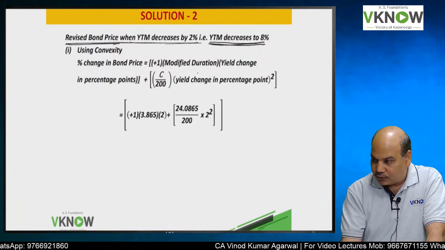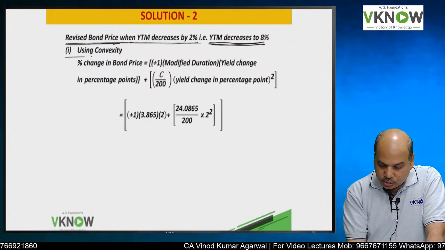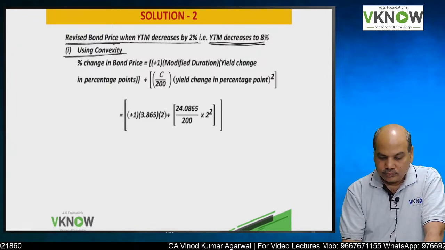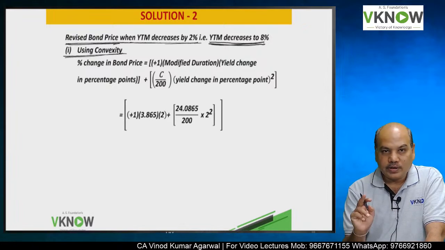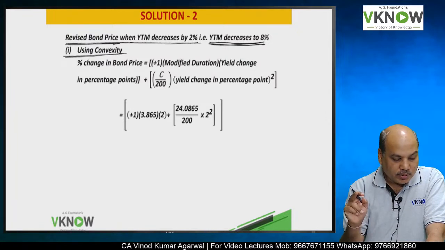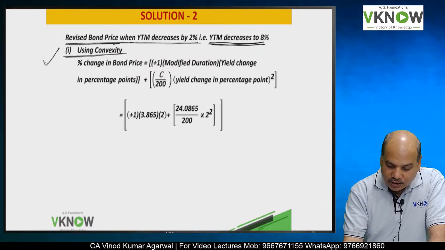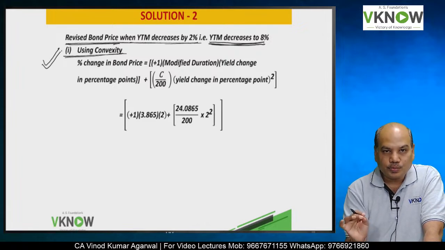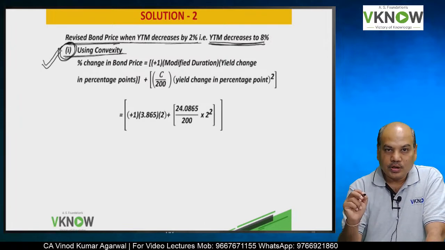It's a little lengthy formula, but it will serve the purpose. A good student will write, using convexity, you have to solve it 3 times. Convexity, Macaulay's duration and intrinsic value. This I have added purposefully in the question to prove that this formula that we have used is correct.